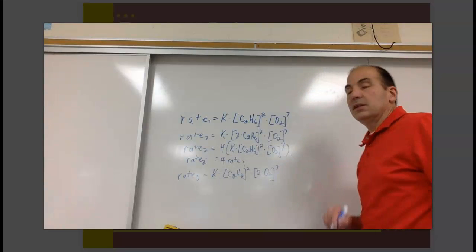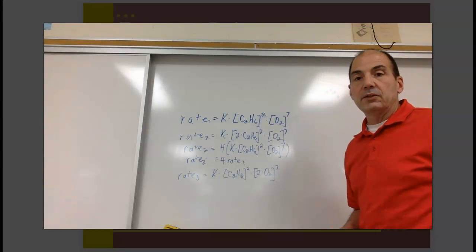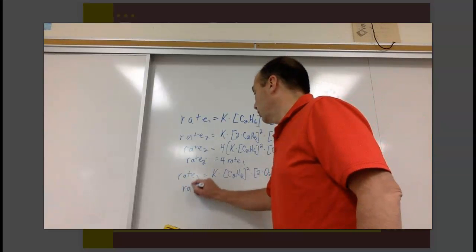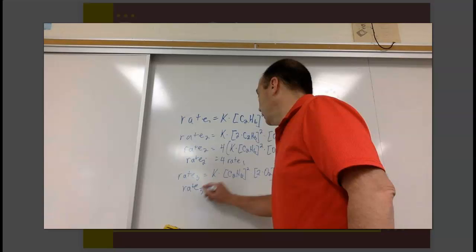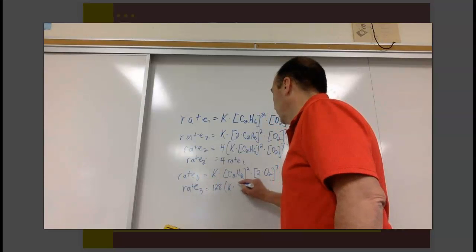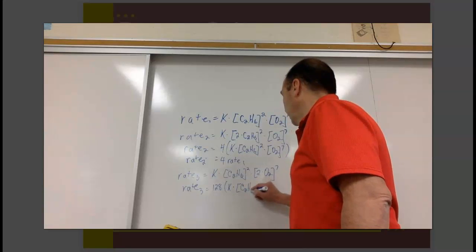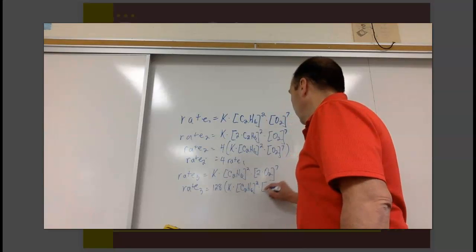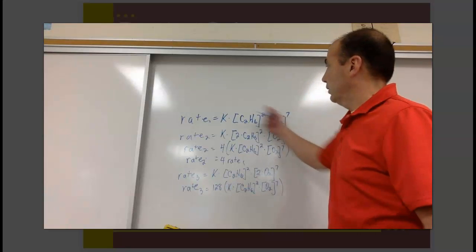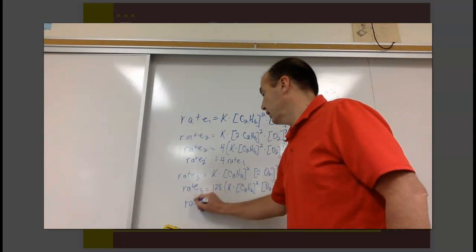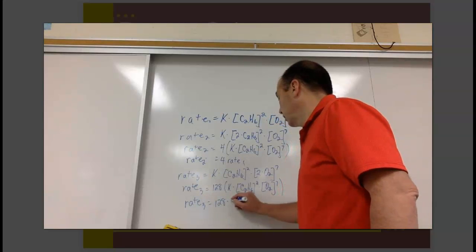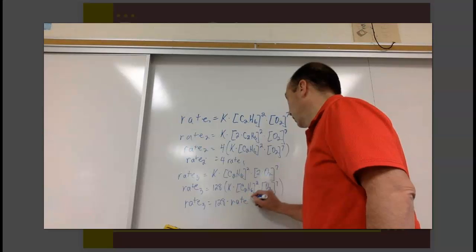Now I have 2 to the 7th here. 2 to the 7th is where I got that 128 from. So I have rate 3 equals 128 times K C2H6 squared times O2 to the 7th. And again, this is rate 1. So that means that rate 3 is 128 times rate 1.